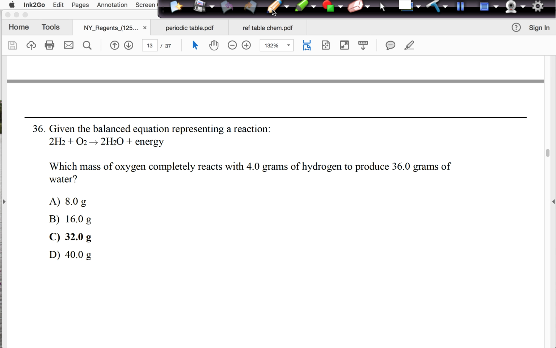For 36, this is going to be a question about the law of conservation. If things react completely, the total mass of your reactants has to equal the total mass of your products. So these are my reactants.